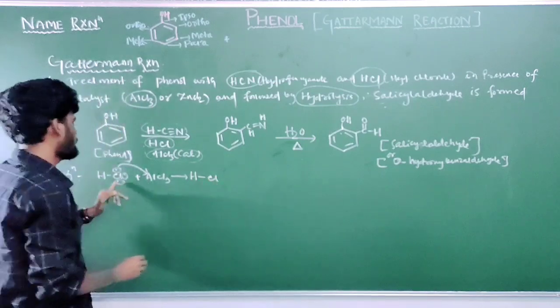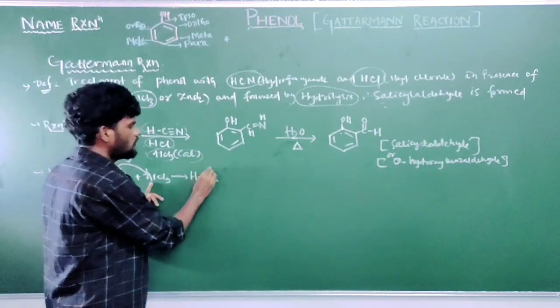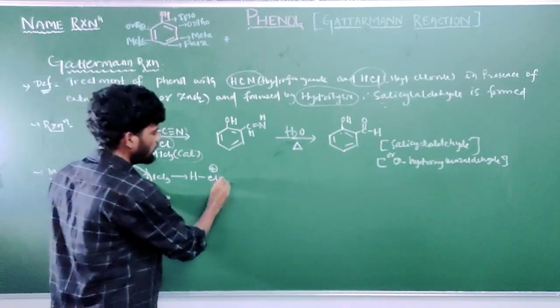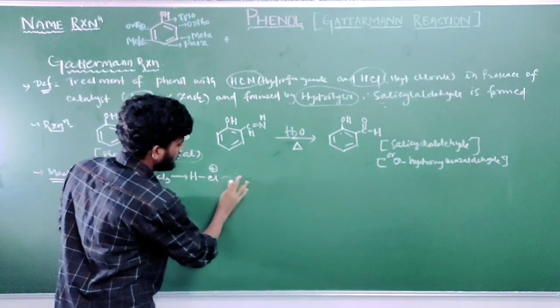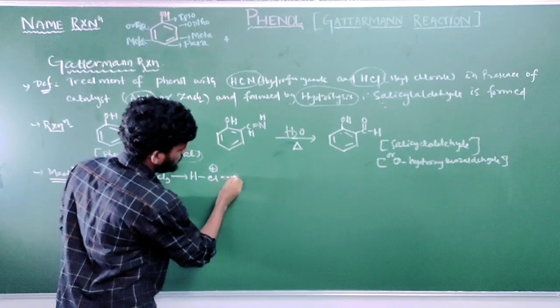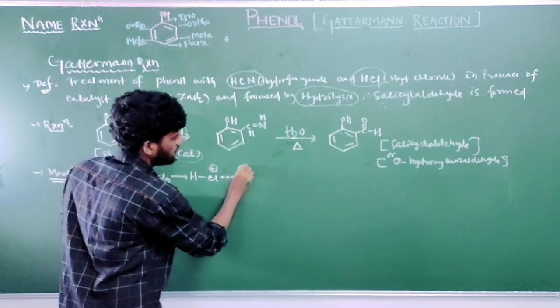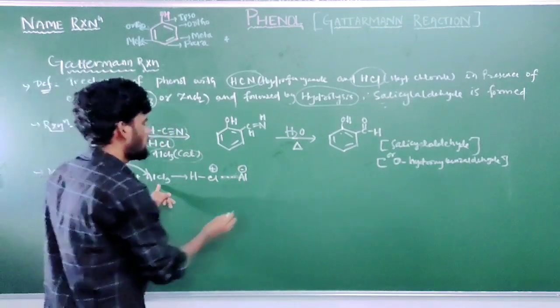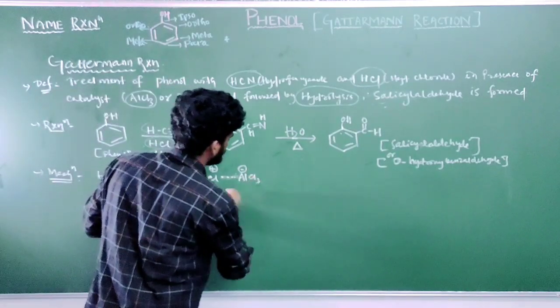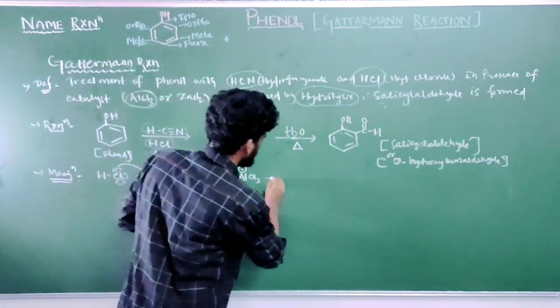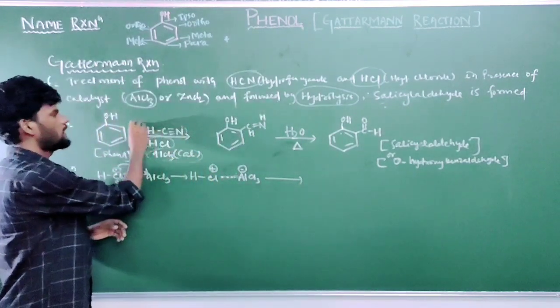HCl, as chlorine donates its electron to aluminum, then positive charge over chlorine. Next aluminum, this coordinate bond. Aluminum now has extra electrons, so over aluminum there is negative charge and 3 Cl attached. Okay, understood? Simple.